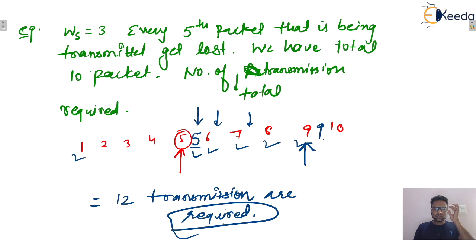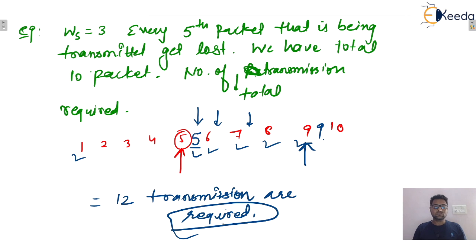Sometimes this question is asked: if the channel is noisy, then there will be more chances that data packets get lost. So if the channel is noisy, which one will be better, go back N or selective repeat? Selective repeat.